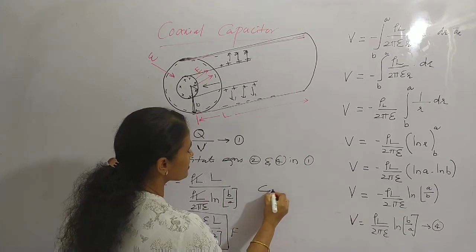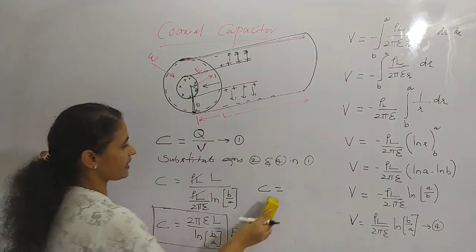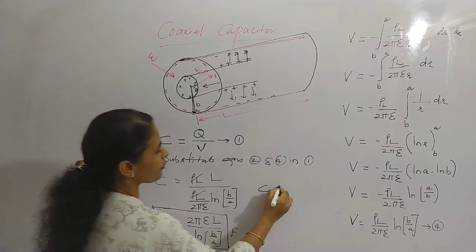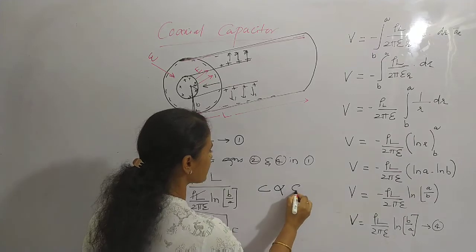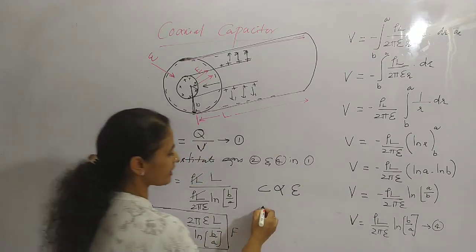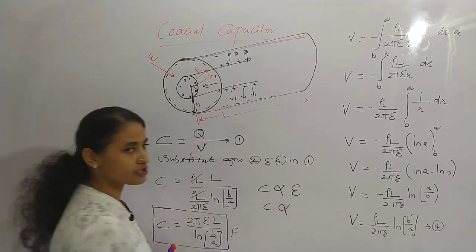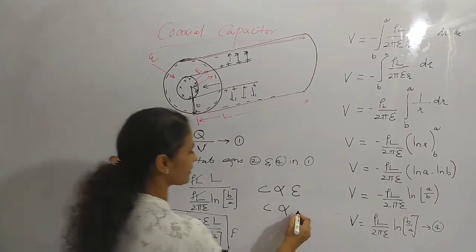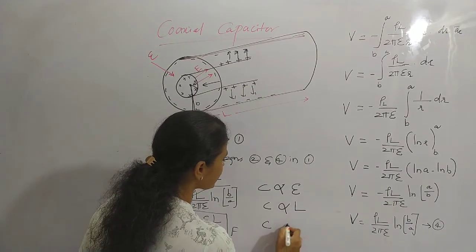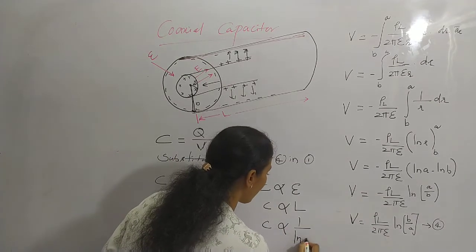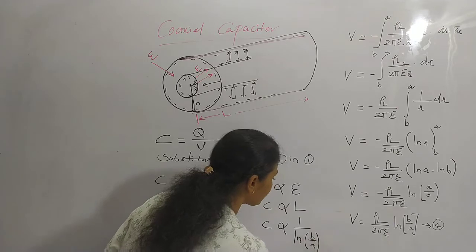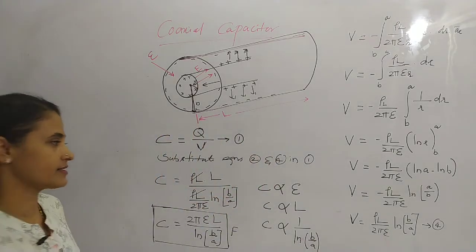So the capacitance of the coaxial capacitor is directly proportional to the medium between these two conductors, that is epsilon, and also directly proportional to the length of the conductor L, and inversely proportional to the logarithmic function of the ratio of the radii of both the conductors.